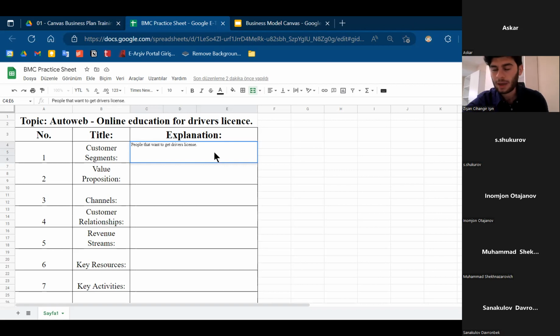Okay, sure. Our platform, we chose the remote kind of style. If you know, when you are getting a license, apart from theoretical lessons, you have to have practical ones, when you are riding a car, passing some kilometers in real automobiles. Our company wouldn't have its own cars.